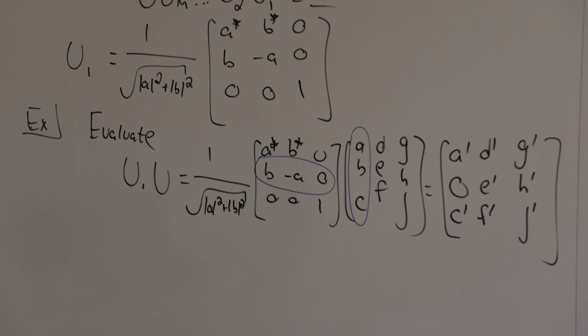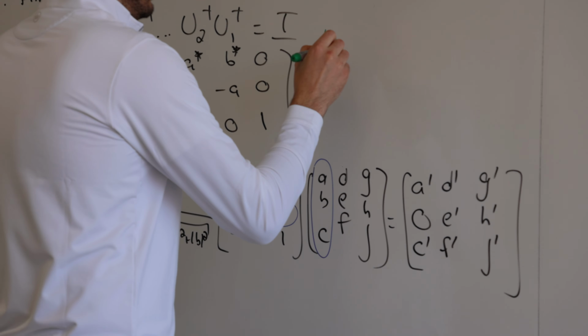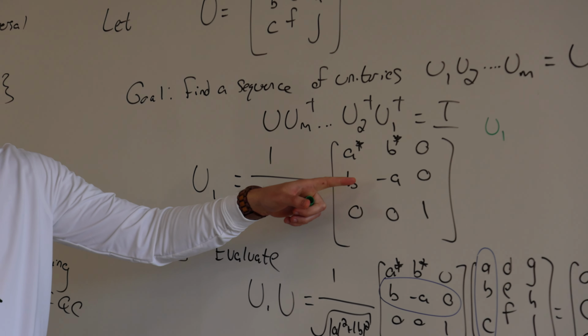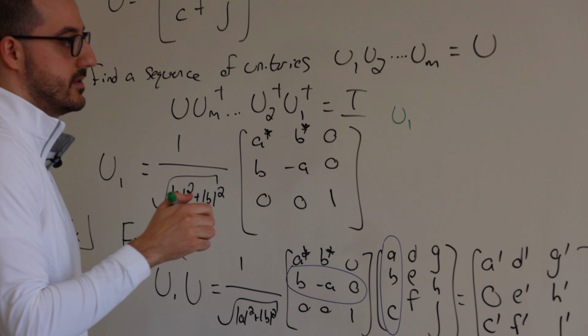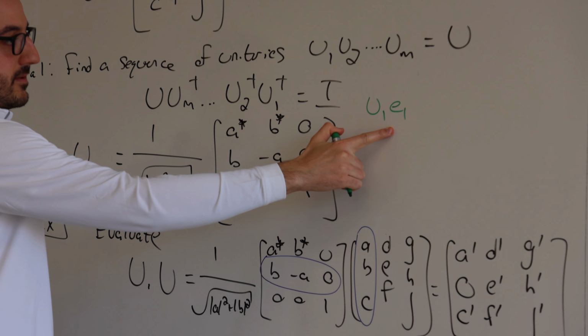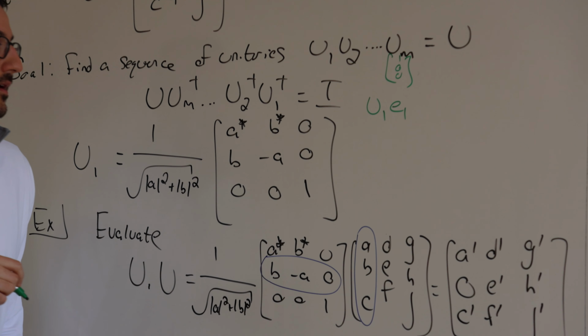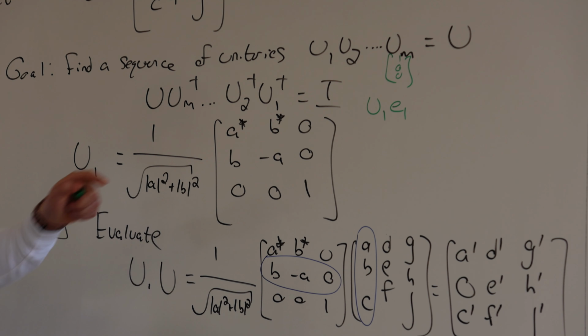Before that, just a note. Why are we calling this a 2-level matrix? Well, note that U1, I'll use the linear algebra notation here. Let E1, E2, and E3 be the standard basis vectors. Look what happens when I apply U1 to the first basis vector, E1, which is 1, 0, 0. That's going to be written as a combination of E1 and E2.